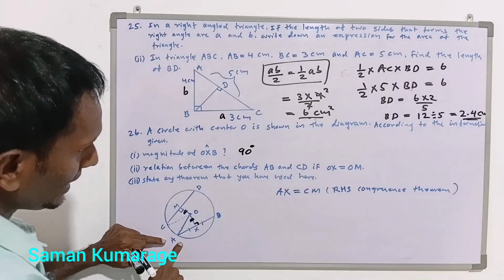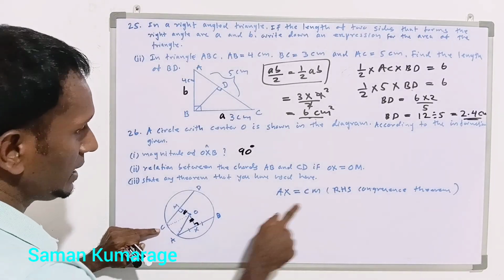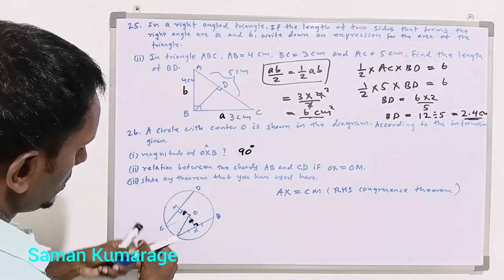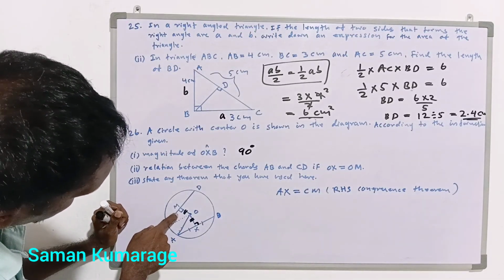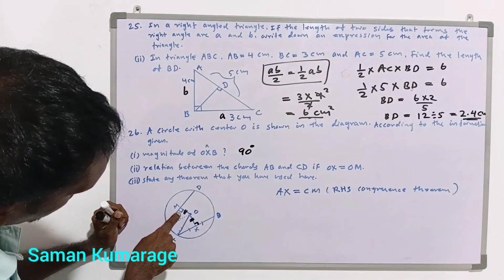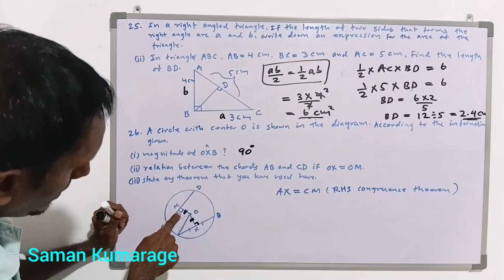So if AX equals CM, you can see here that they have marked a right angle here.